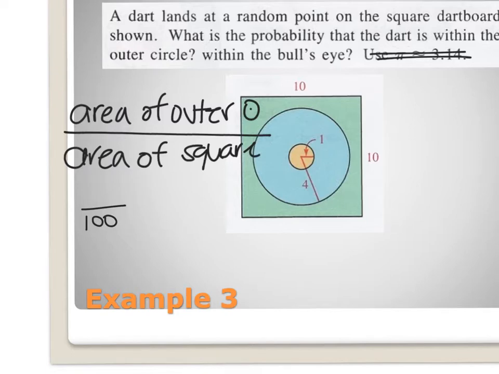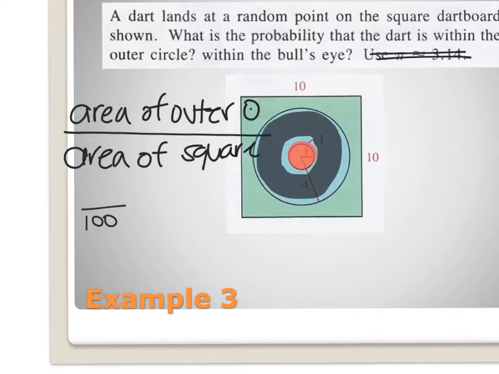How would I find the area of the outer circle? So we're talking just that ring that kind of looks like a donut. 16 pi is going to be the whole circle, right? Minus the 1, right? So I'm going to take the whole circle and subtract that innermost part. Does that make sense?